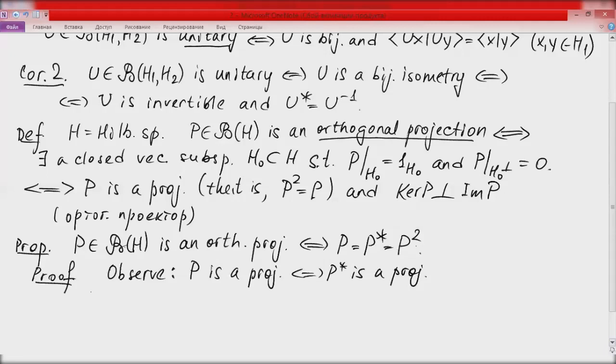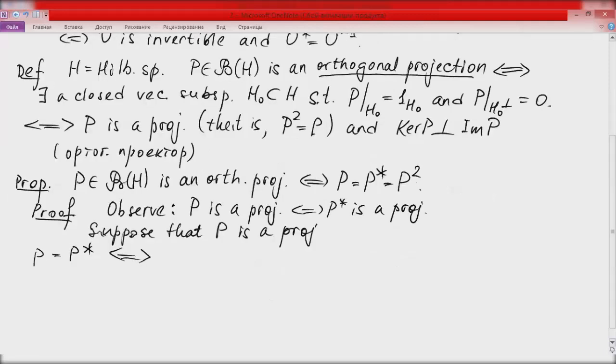So suppose now that P is a projection. When is it self-adjoint? Well, we already know that both P and P star are projections.